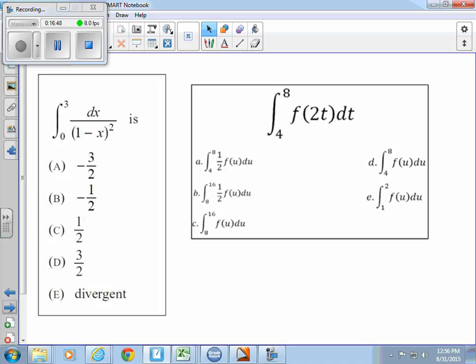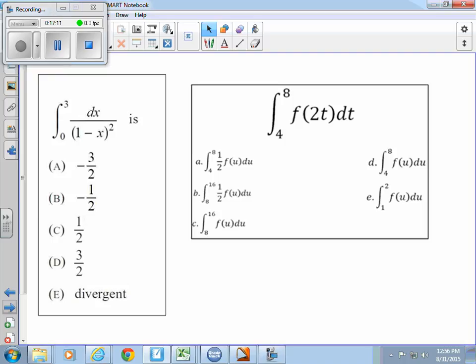The problem on the right is a very, very easy substitution problem if you know how to change limits. But as you can imagine, most people on the AP exam miss this because they don't know how to change the limits. Again, this is a real AP problem. This is not the only one of its kind. They show up all the time.